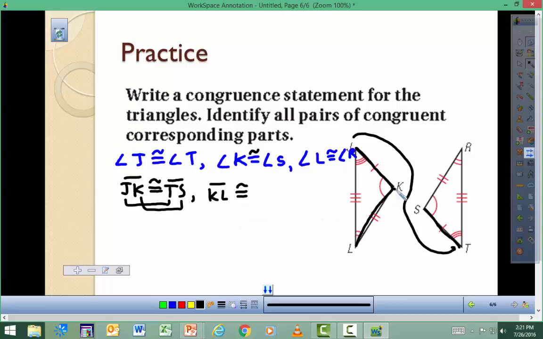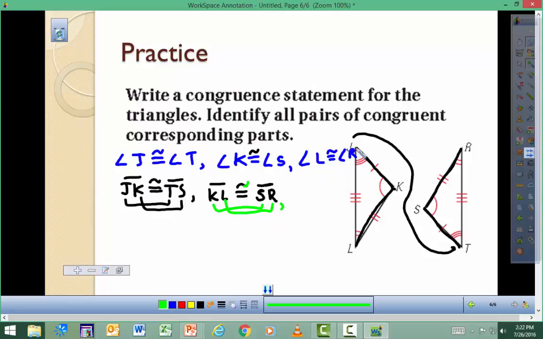The K matches up with the S, so I want to put S here, and then the L matches up with the R. So in this diagram that segment is going to be called SR. Again, what I want you to be in the habit of doing is making sure the corresponding parts match up anytime you write a congruent statement.